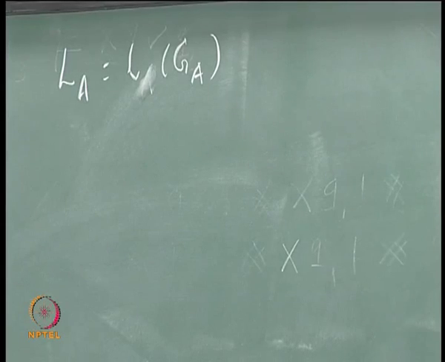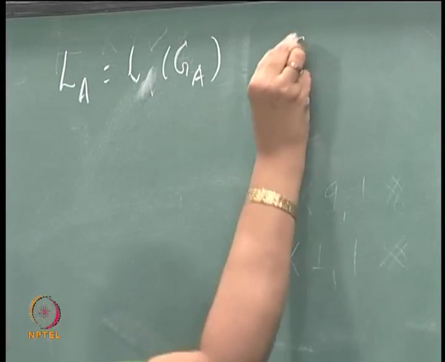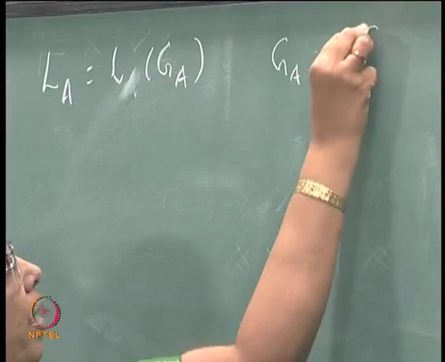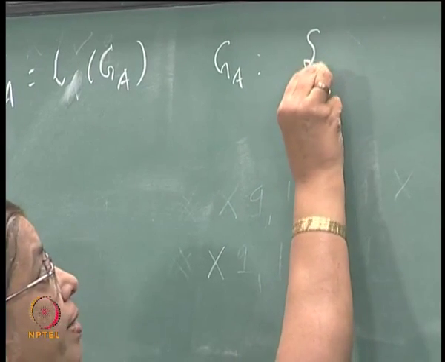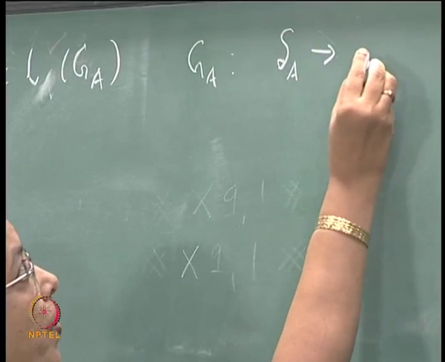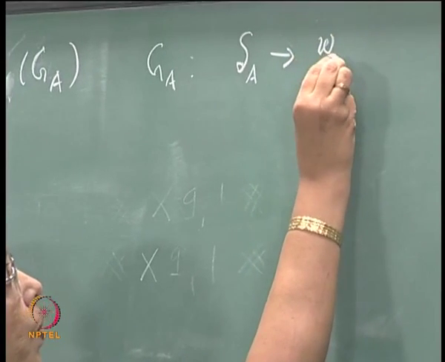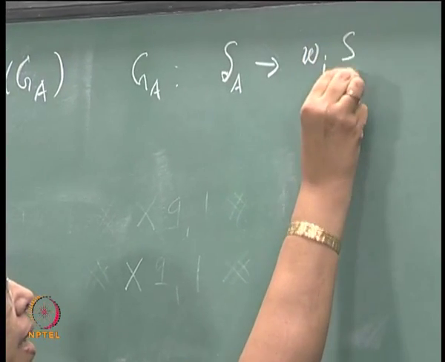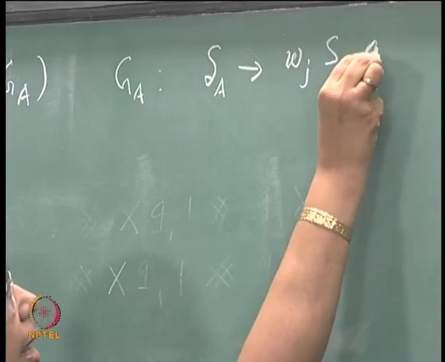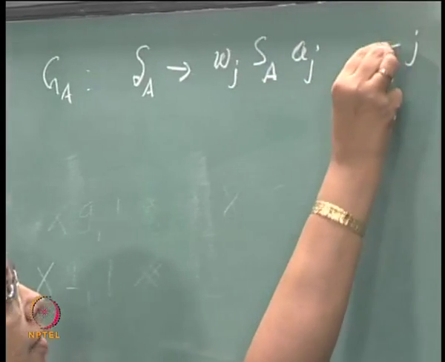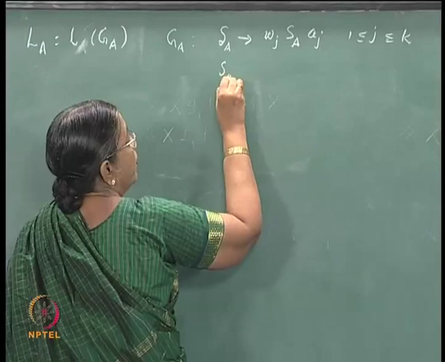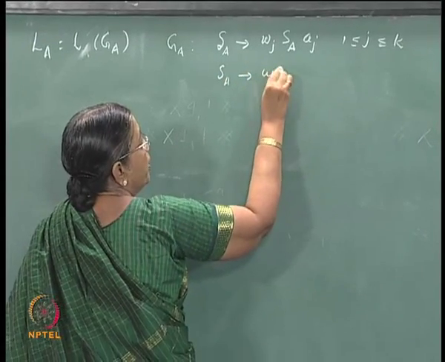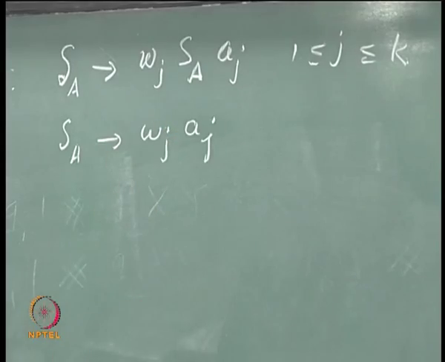What is GA? GA has rules of the form SA goes to Wj SA Aj, where j will vary from 1 to K, and SA goes to Wj Aj.